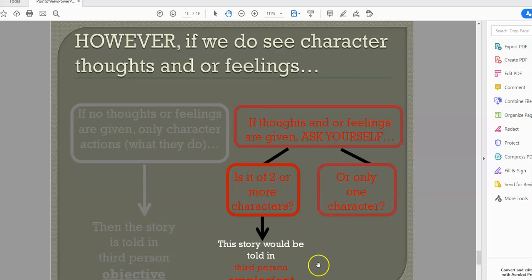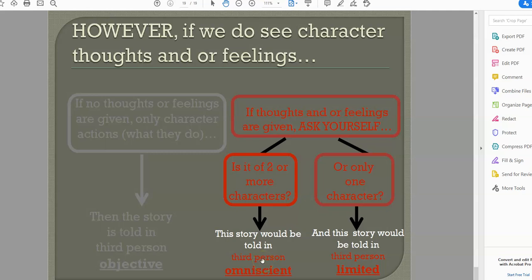Well, if you're hearing the feelings of 2 or more characters, then it's going to be third person omniscient. Omni means all, niscient means knowing. So an all-knowing narrator. So a narrator who knows the feelings of 2 or more characters would be third person omniscient. So if the outside narrator is telling the story and you're hearing the feelings of 2 or more characters, then it's third person omniscient.